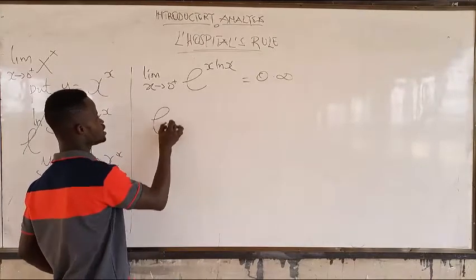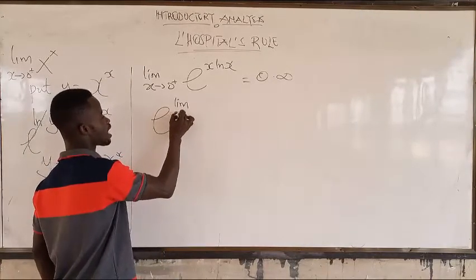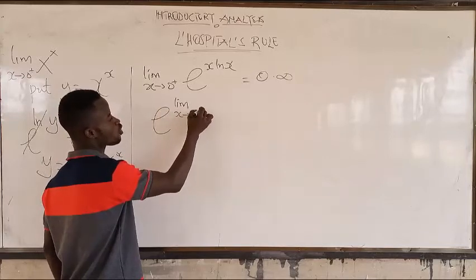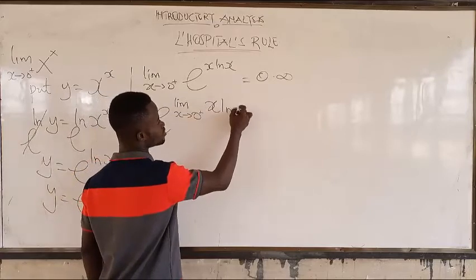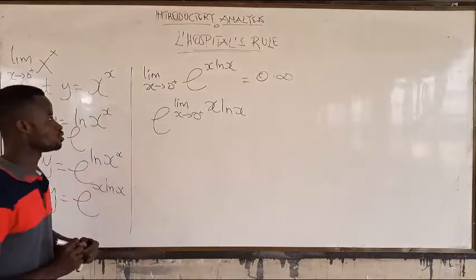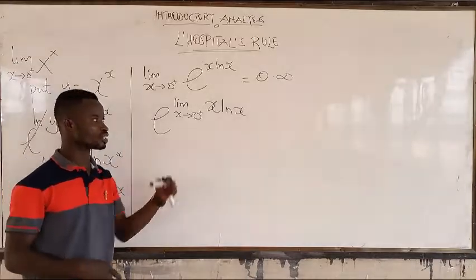This is the same as e raised to the limit as x approaches 0 from the right of x ln x. Very good. So the e doesn't even come in for now.